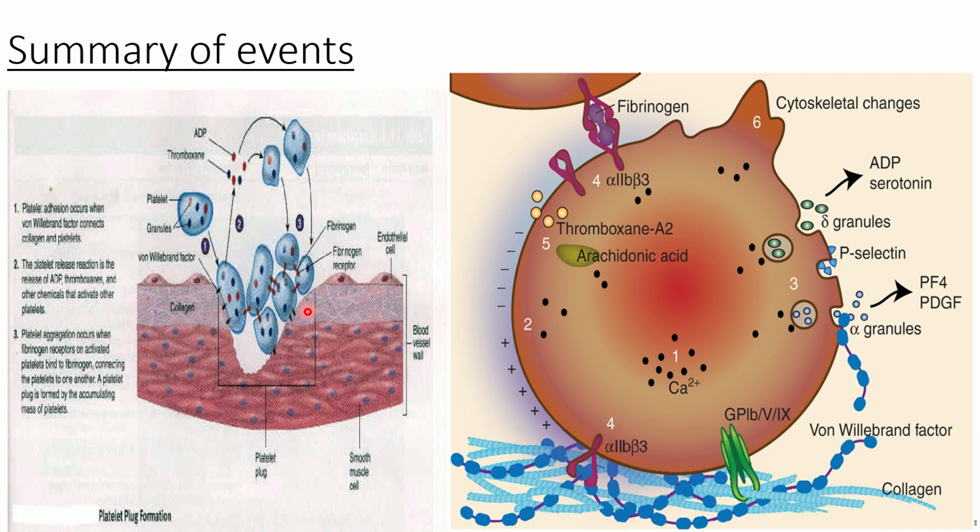We have injury to our blood vessel wall, and in the blood we know that blood contains platelets. So these platelets then move and run towards this collagen and Von Willebrand factors, and they attach. And when they attach, they change shape and release granules.